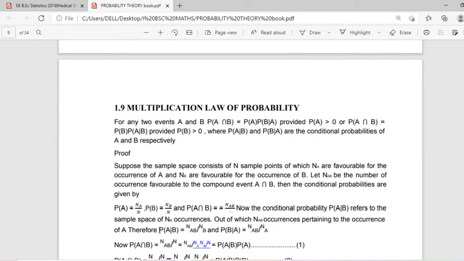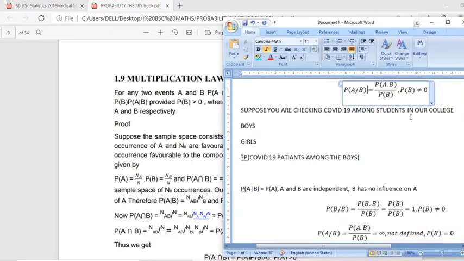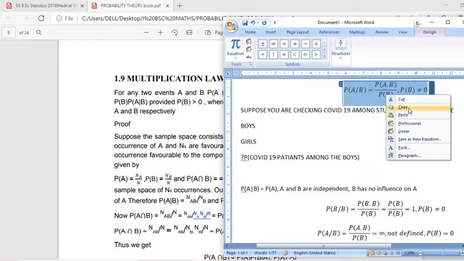Now we have one law, that is the multiplication law of probability. It is very important, and you can see that the multiplication law holds in this conditional probability itself.